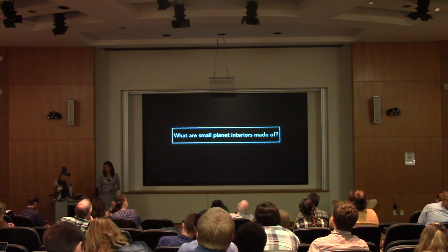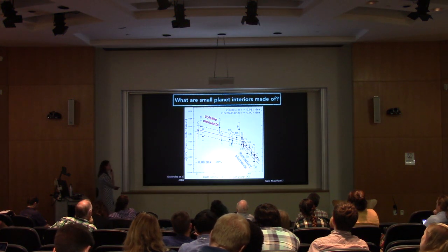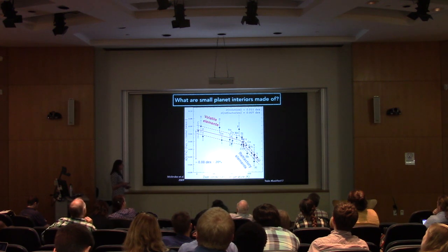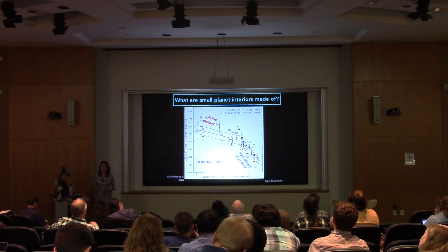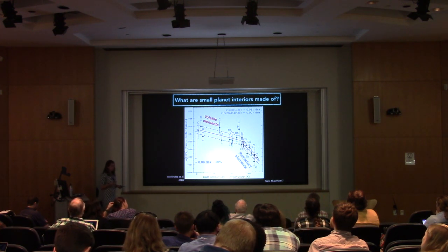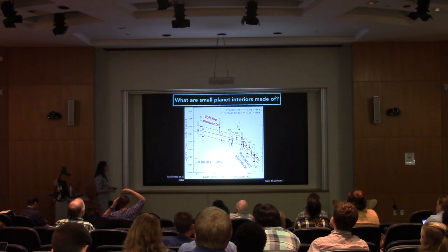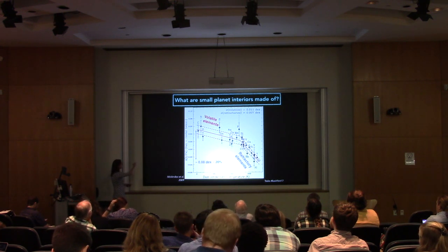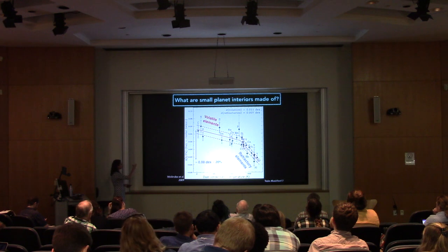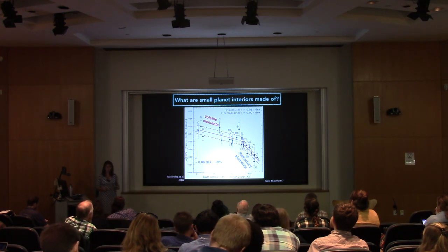But really what I'm interested in personally is the small planet interiors. And so looking at this, there was this super exciting result that came out when I was in graduate school that I think spurred me to get interested in stellar abundances as a tool to study exoplanets, which was a study by Jorge Melendez, in which he looked at a sample of 11 stars that were very similar to the sun in their effective temperature and surface gravity, and did a differential analysis between each star and the sun, and found that the sun, relative to these solar twins, seems to be depleted in these refractory elements with higher condensation temperatures.